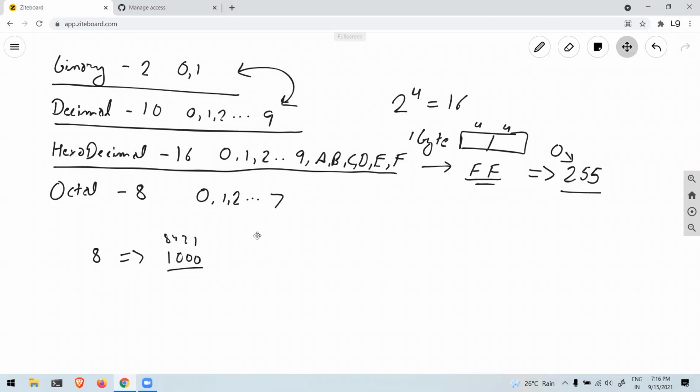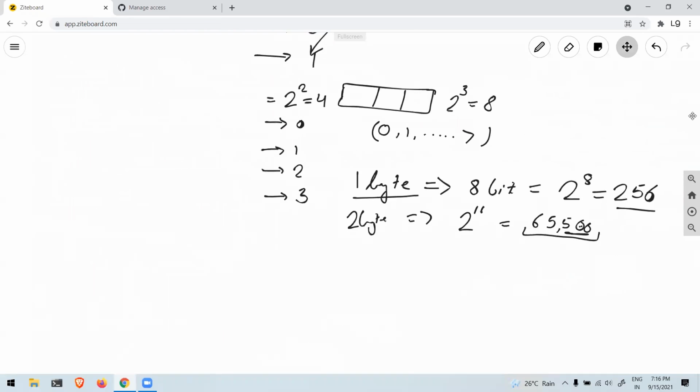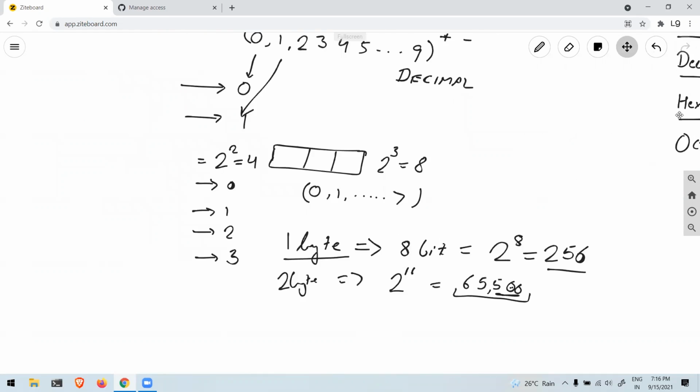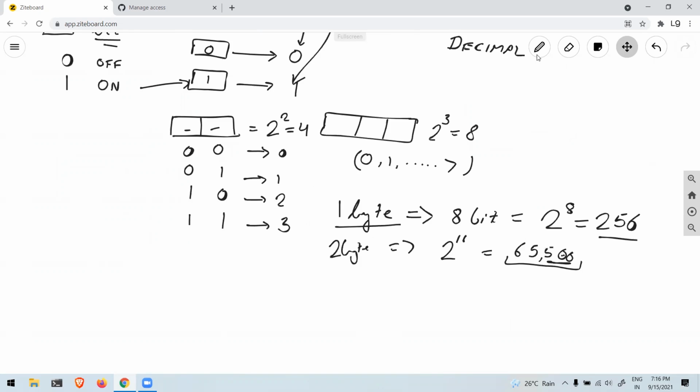Cool. So this is somewhat about memory and somewhat about number systems. In terms of memory, coming back, I think everyone would be aware, there is 1 kilobyte or KB, there is 1 MB, and there is 1 GB. Would anyone like to tell me the relation of these things with respect to a byte?